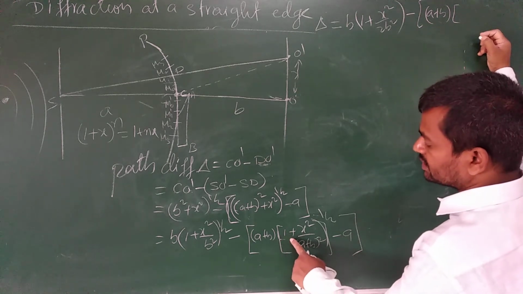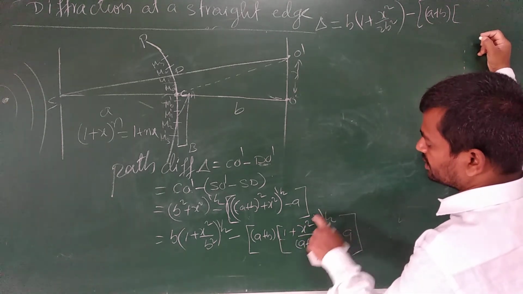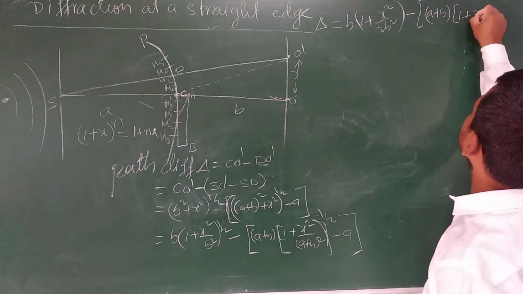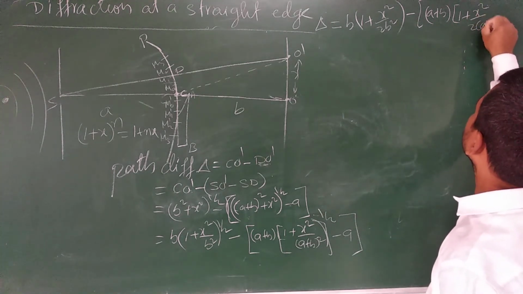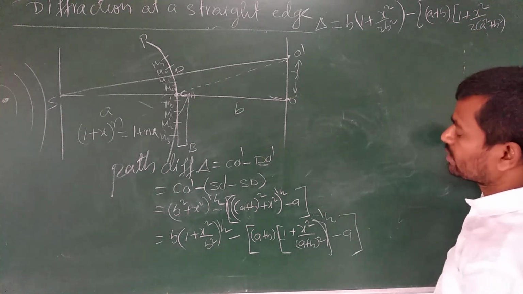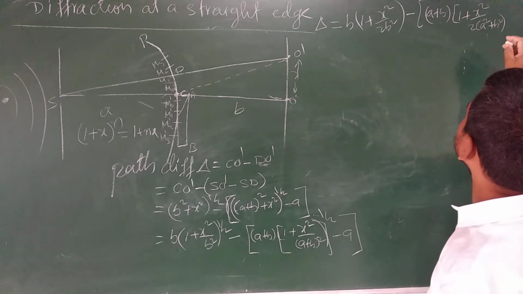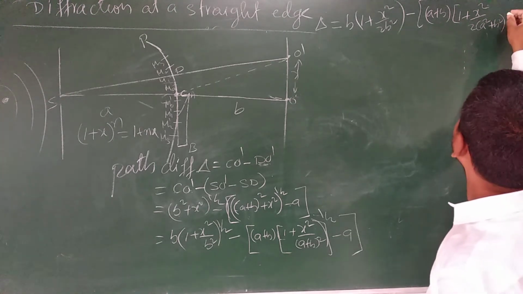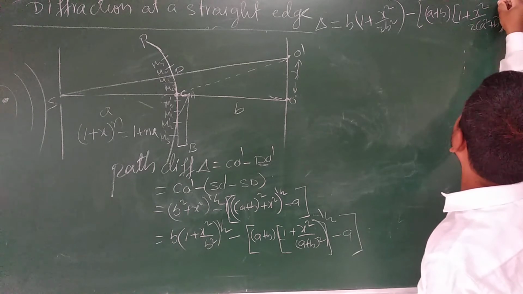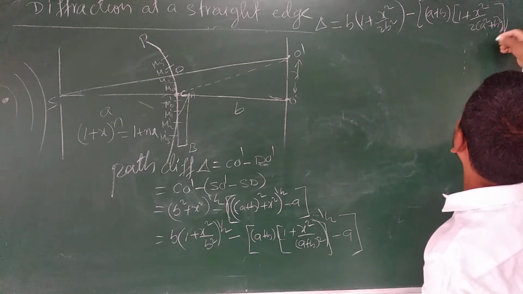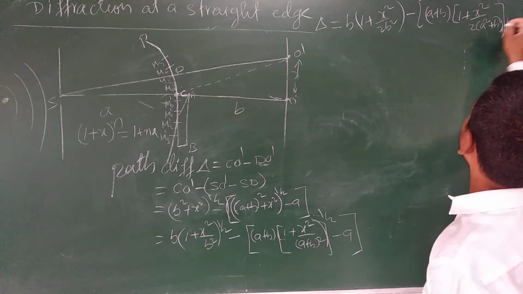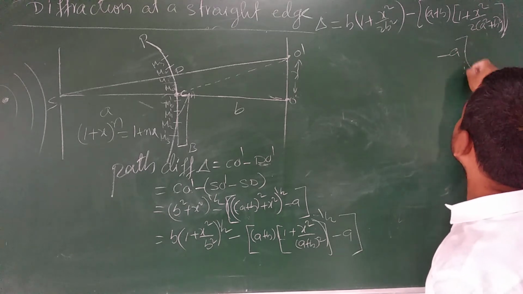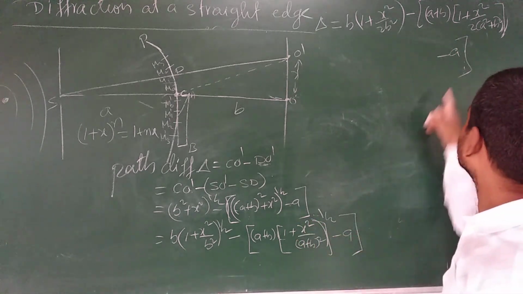It is also 1 plus x in the form of x. Bring this side: 1 plus x square by 2 into a plus b whole square, minus a.